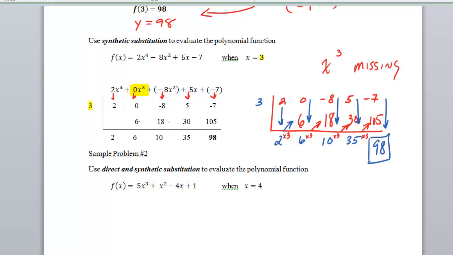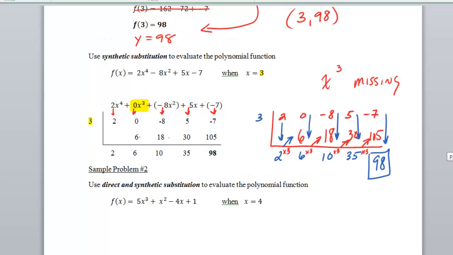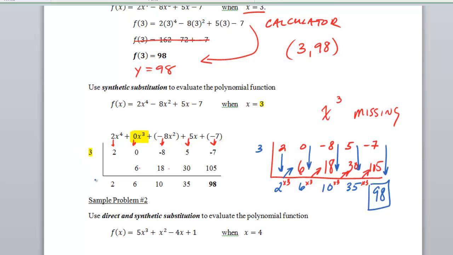Now you can now see all of the numbers in this example and where they came from as we work that. Also notice that this 98 is actually f of 3 equals 98, just like it was back up here in direct substitution. So that is an example of direct substitution and synthetic substitution work getting the same answer.